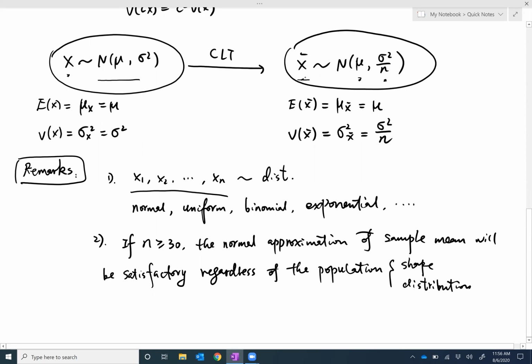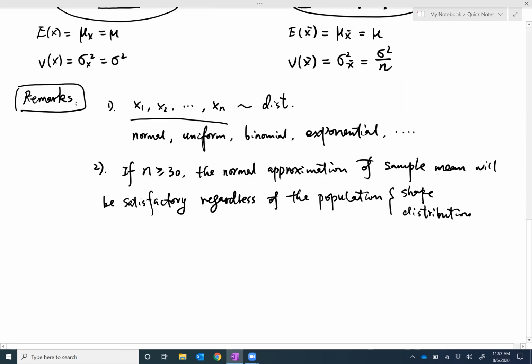Then we take the average, then it is still a normal distribution. But here, what we want to say is, if X is not normally distributed, like a uniform distribution, if you take the sum of a bunch of uniform random variables, it's still approximately normally distributed. If n is greater than or equal to 30, then this will be satisfactory regardless of the population.